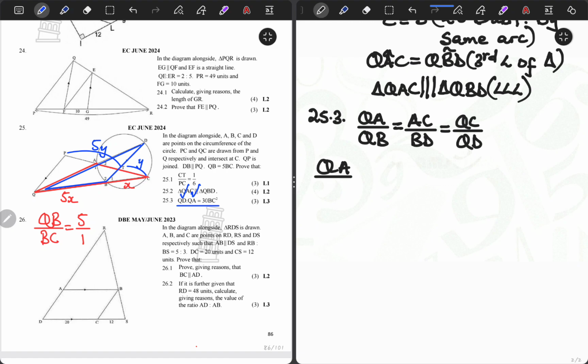Don't forget to write the reason here, similarity. So QA over QB equals QC over QD.